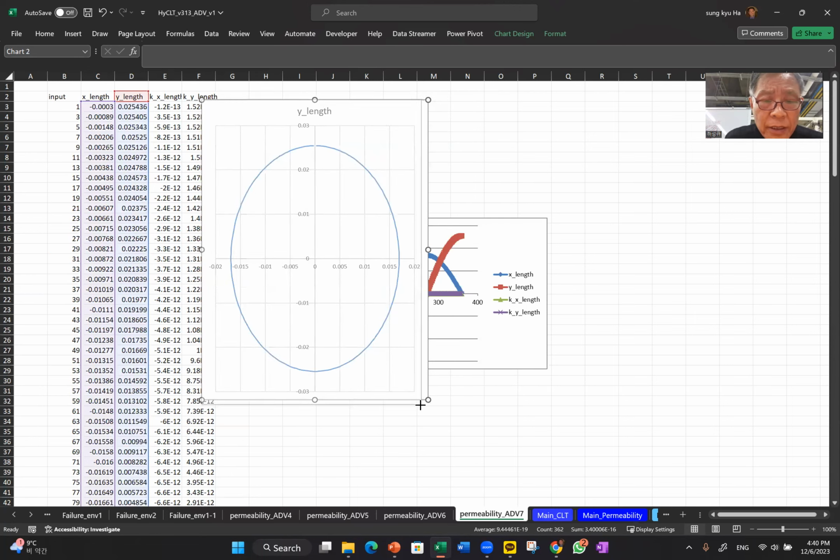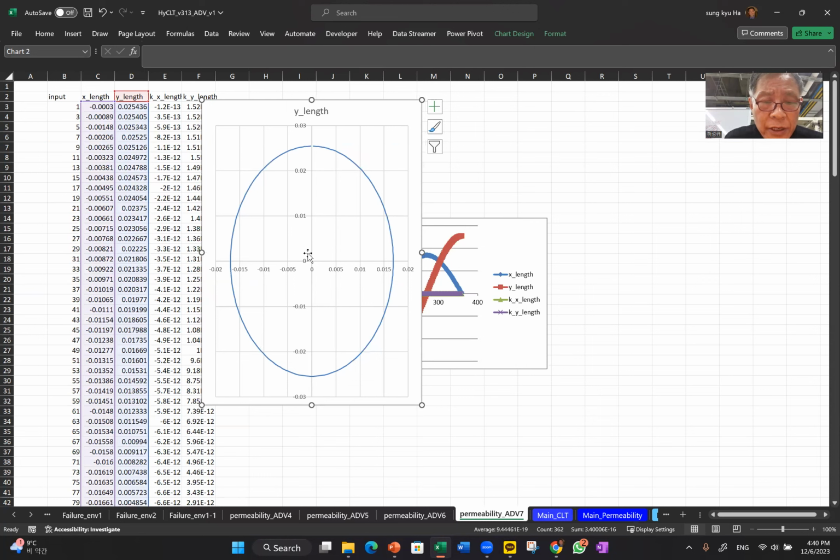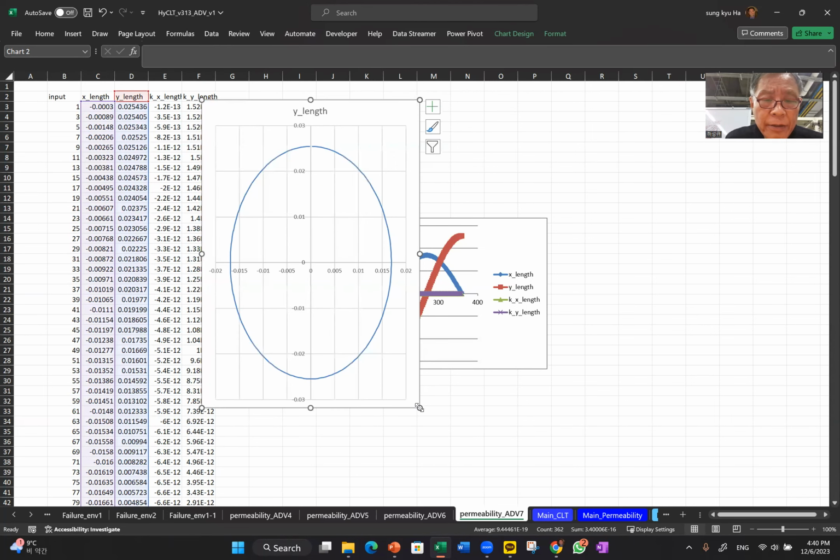I'm trying to make sure this one is to scale. You know what I'm saying? Make sure this is to scale so that we can have a real dimensional flow. Okay.